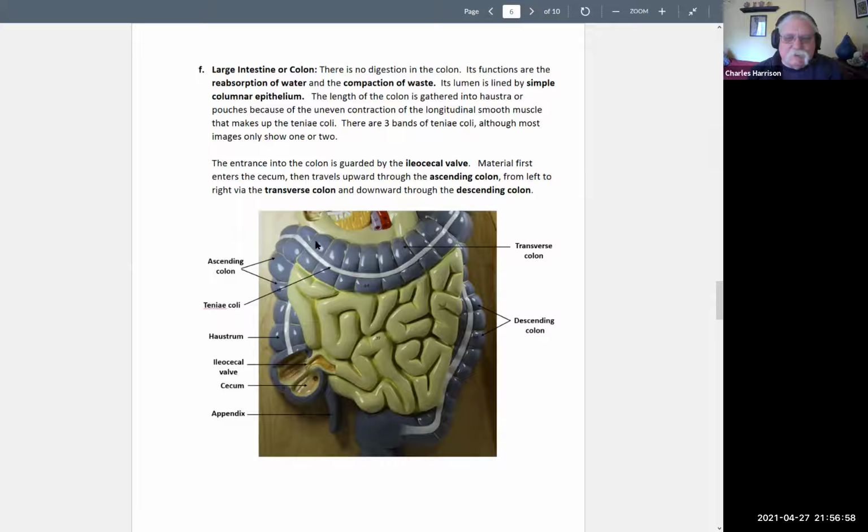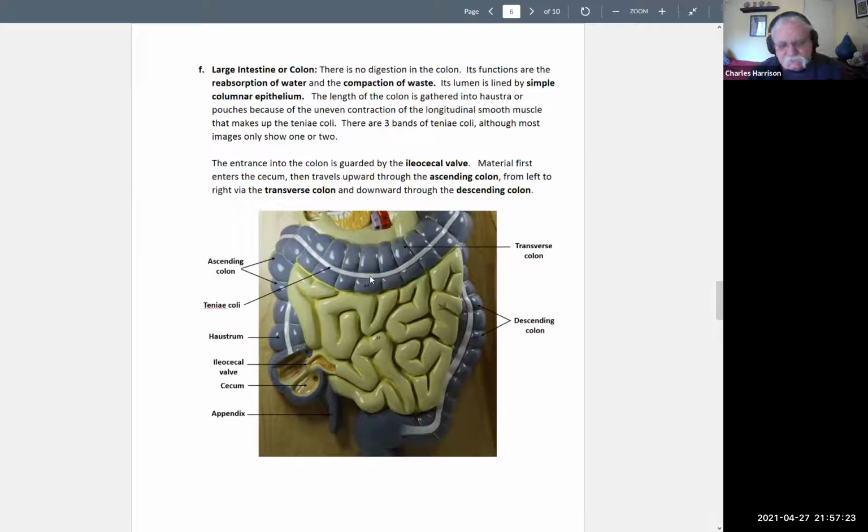The bubbly areas, all lined up here, containing material, are called haustra. Formation of haustra causes the movement of material to be sped up.